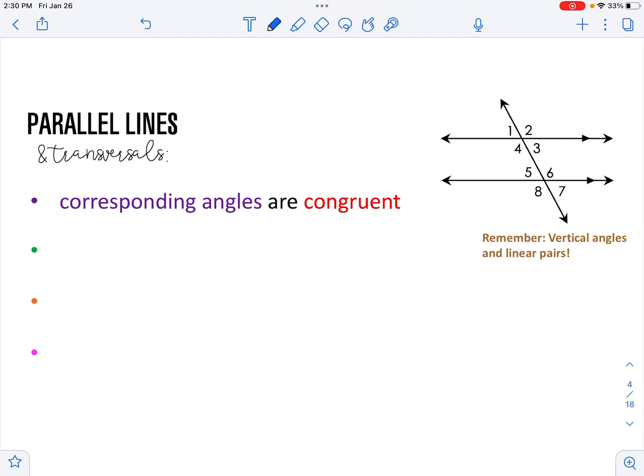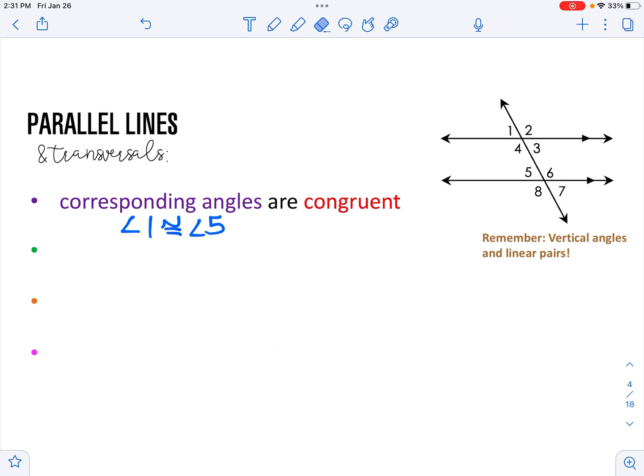So angle 1 and angle 5 are congruent to each other. Angle 1 is congruent to angle 5. Now 2 would also be congruent to 6, 4 would be congruent to 8, and 3 would be congruent to 7. So that's one example there.